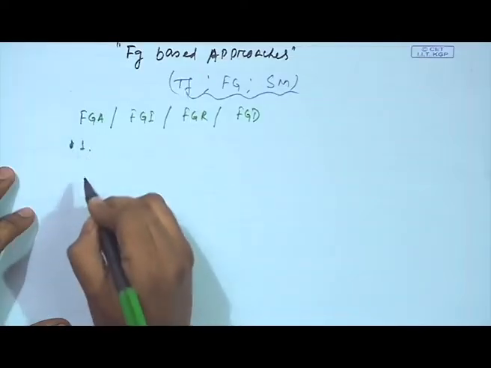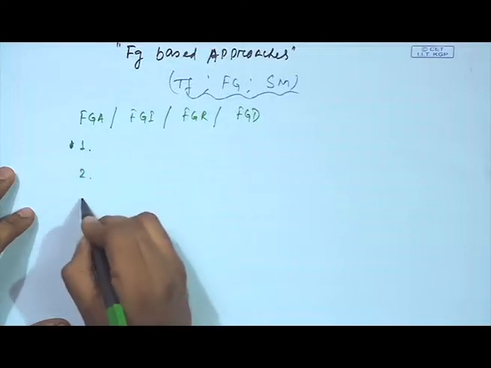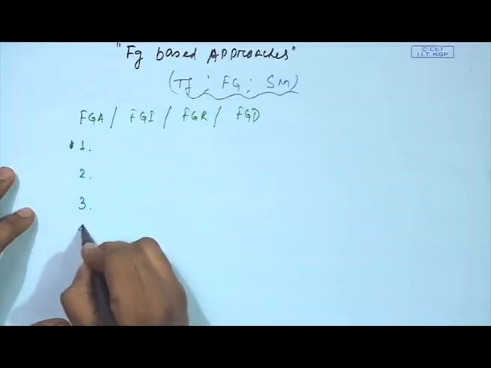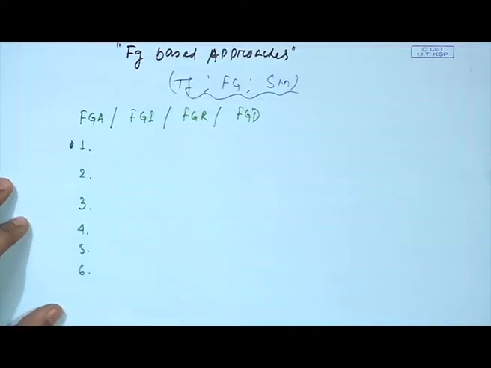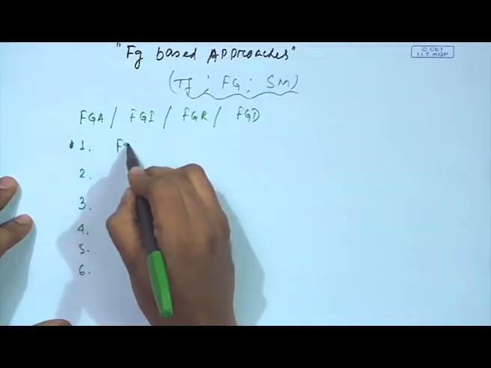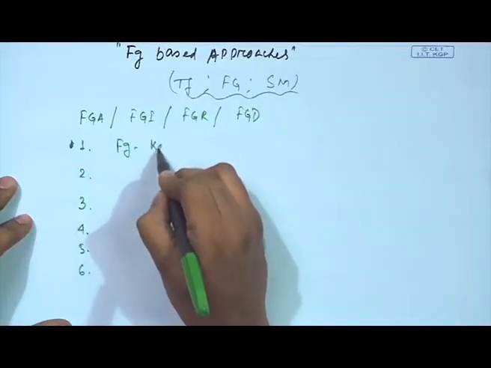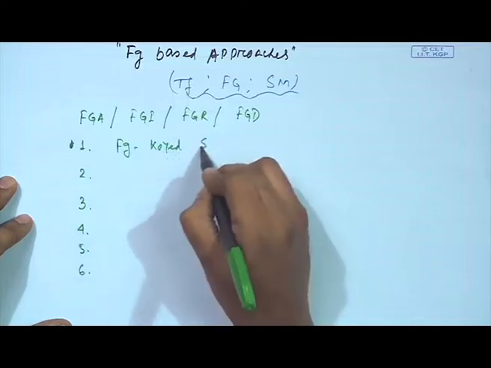For these functional group approaches, our main discussion will be based on 6 different aspects. Initially we will talk about functional group keyed skeletal disconnection.